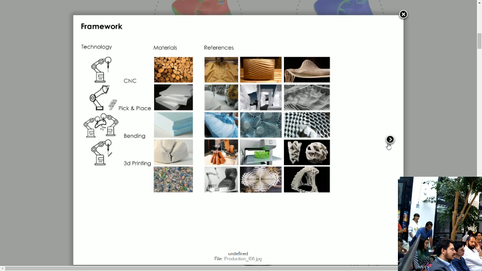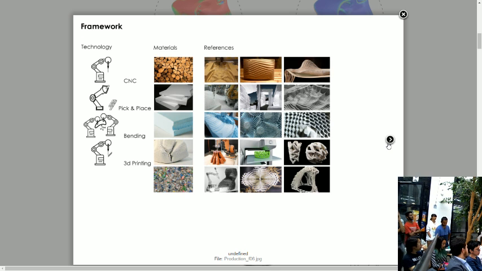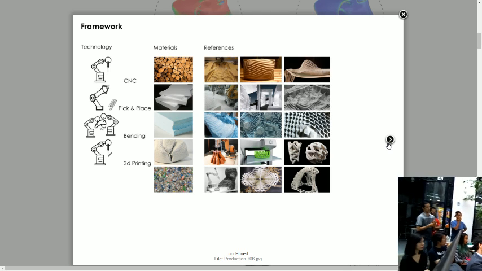So maybe using a CNC method to unroll the flat ridge wooden panels. Originally, part of our design involved a pick-and-place method, but we abandoned it to pursue further development of the ruled surface method.